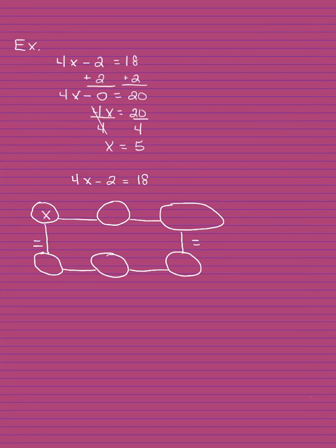Then you'll put minus 2, and then in the upper right box, you will have 4x minus 2. And it's going to equal 18.